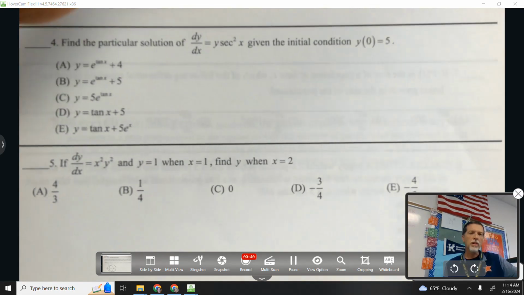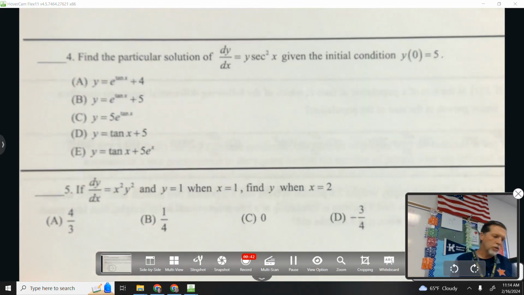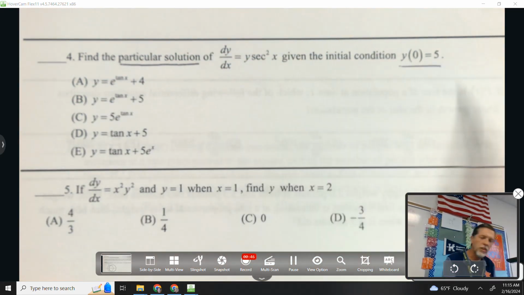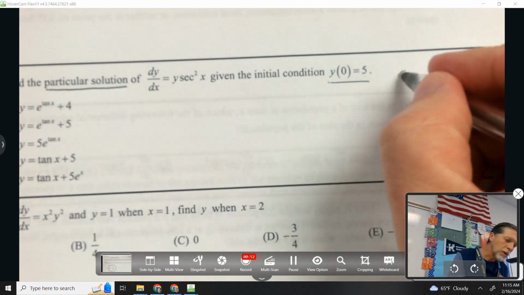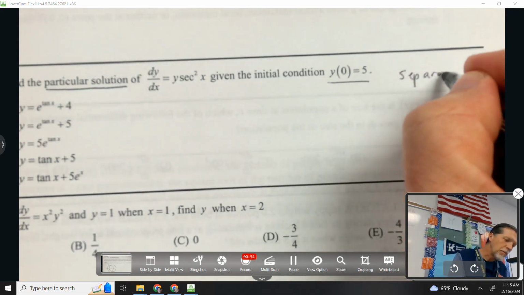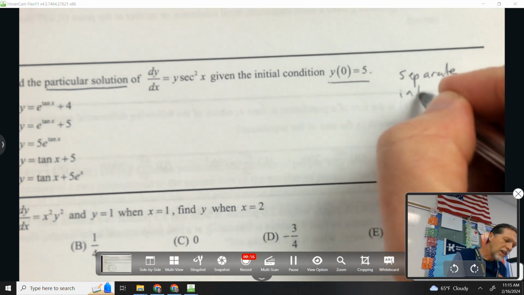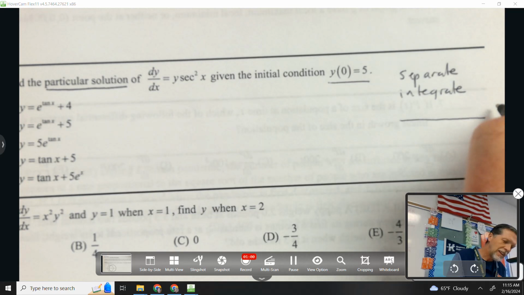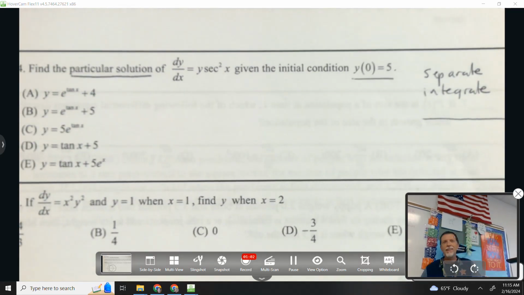Number 4, find the particular solution. So that means separate, integrate, and use the initial condition. There's been years where students want to come up with that third step and make it rhyme. Separate, integrate, and then something that means plug in the initial value.